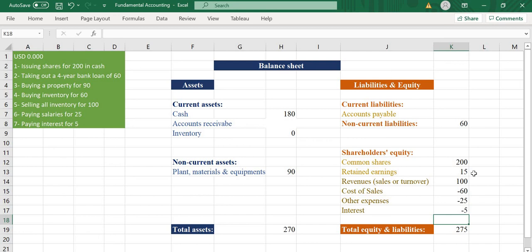And we calculate again the retained earnings. The retained earnings once again equal revenues minus the cost of sales or cost of goods sold, minus other expenses and minus the interest. So now the company's balance sheet is balanced again here.